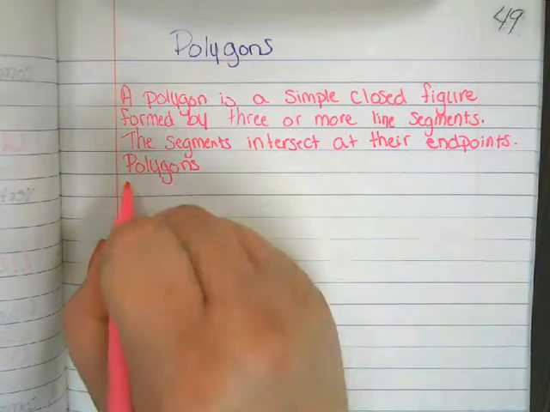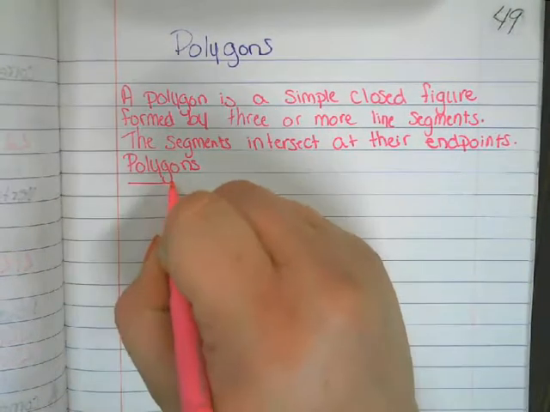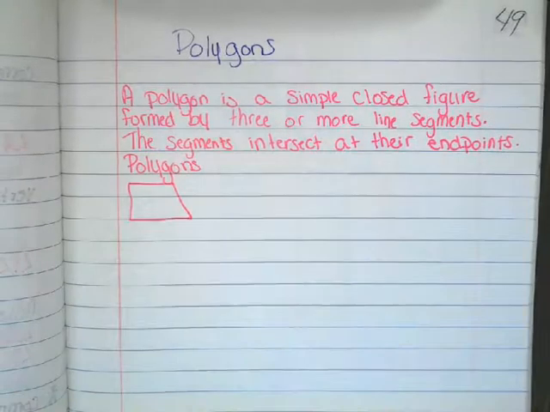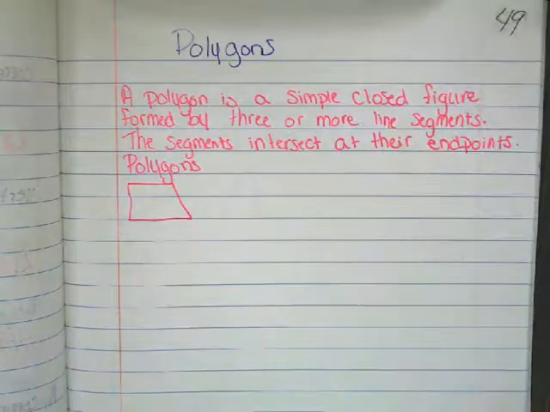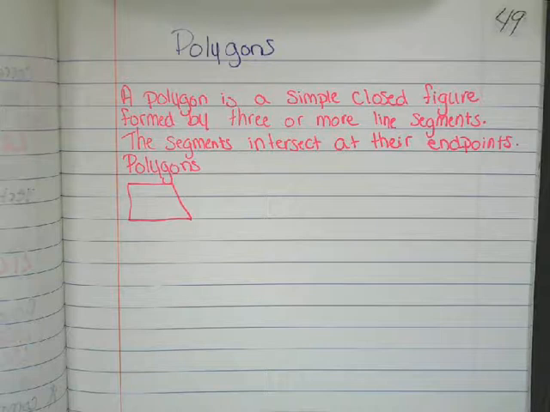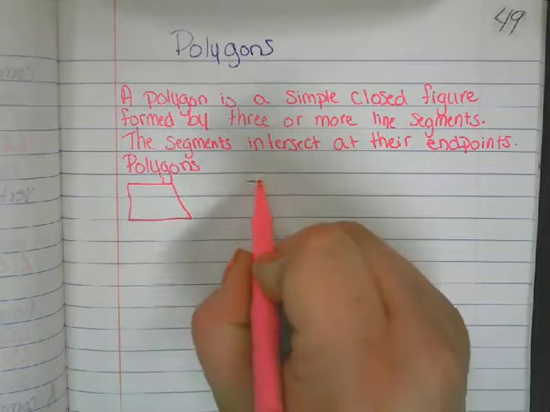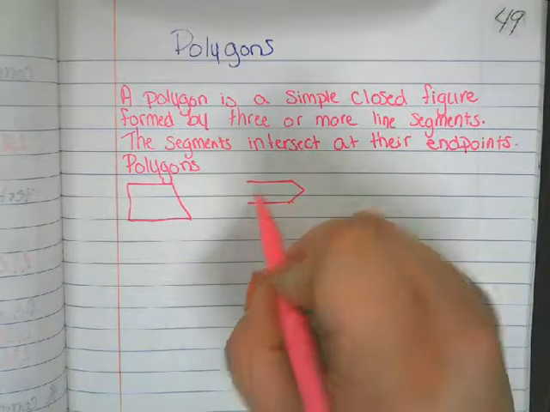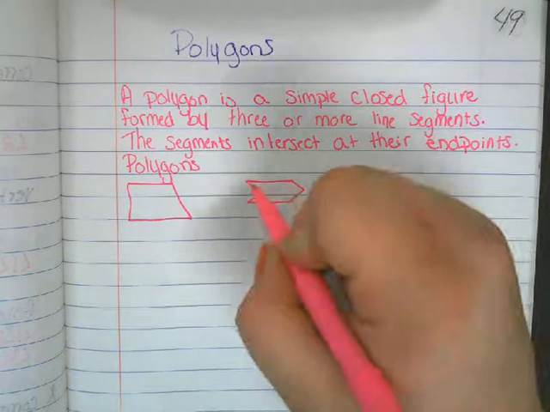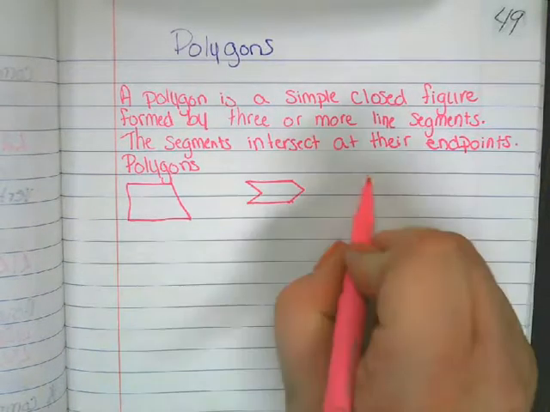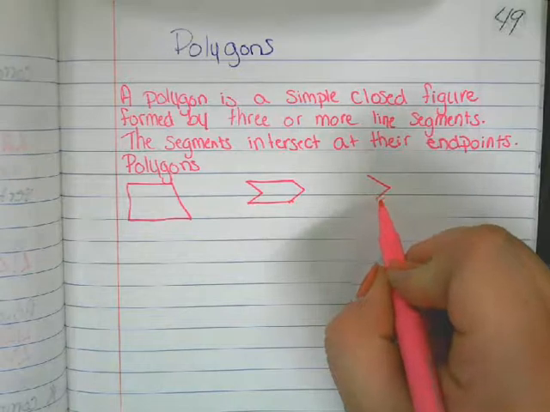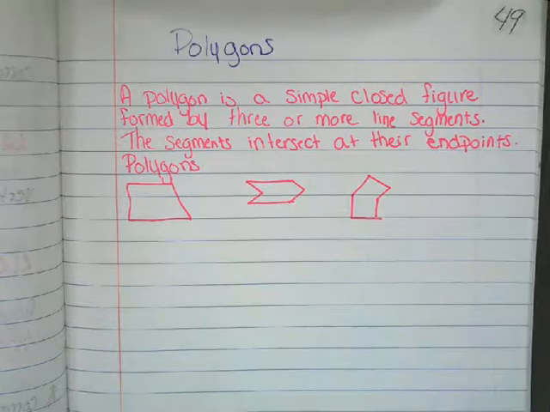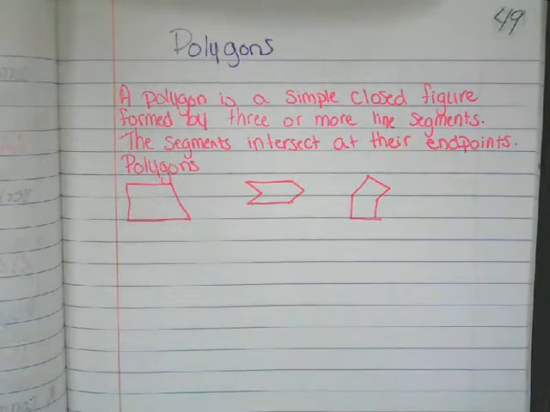So just draw it the best you can, it doesn't have to be perfect. So all three of those are examples of polygons.